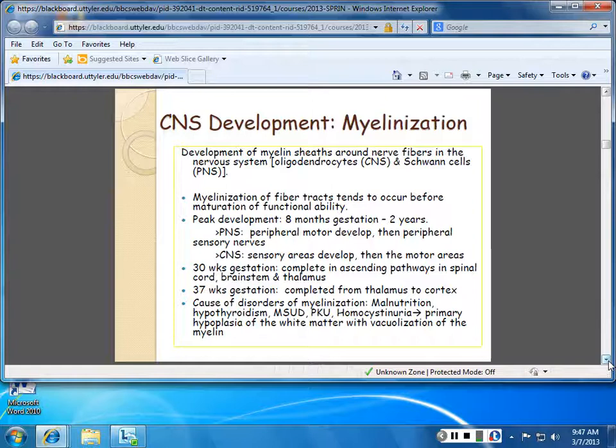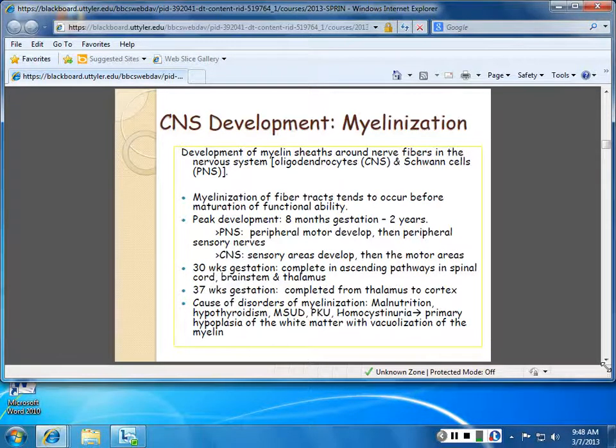Myelinization, this is development of the myelin sheaths around the nerve fibers in the central nervous system and the peripheral nervous system. What does this mean? This just means that it sheaths the nerve. And this comes up, do babies really feel pain because their nerves aren't completely myelinized? Yeah, they do. It's not perfect, but they feel it.